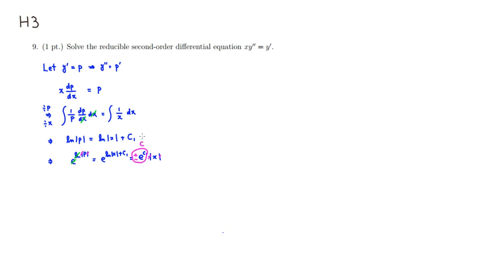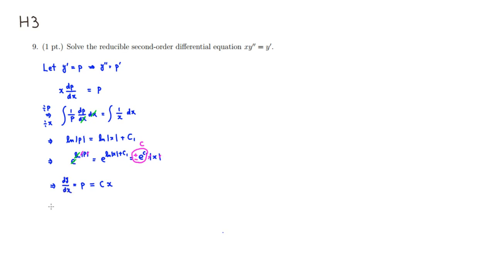So what we get is simply p is equal to cx. And remember that p is the derivative y prime, so we're talking about dy over dx.